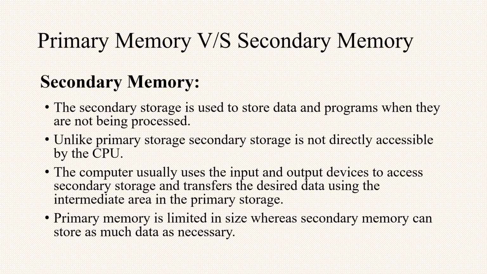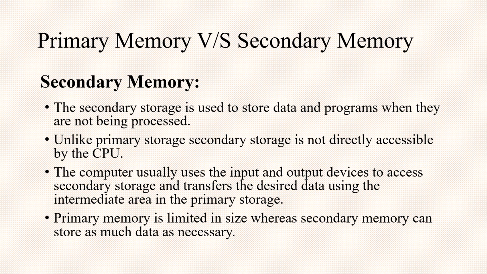Now the second type of memory that we are going to discuss today is the secondary memory. Okay, as we have seen earlier, the secondary storage is the permanent storage. Whatever we save in our computer will always go to the secondary memory. Nothing is stored in the primary memory.